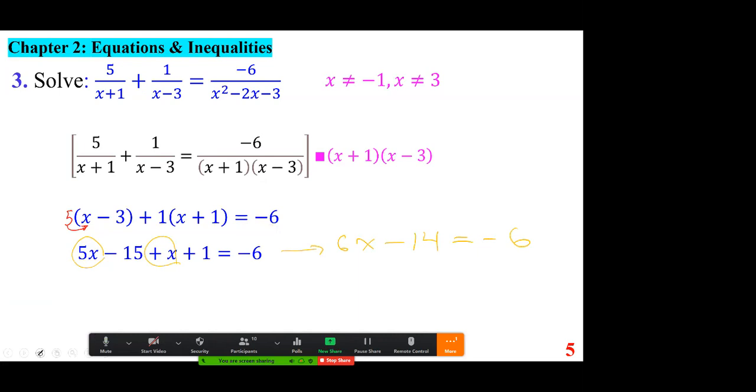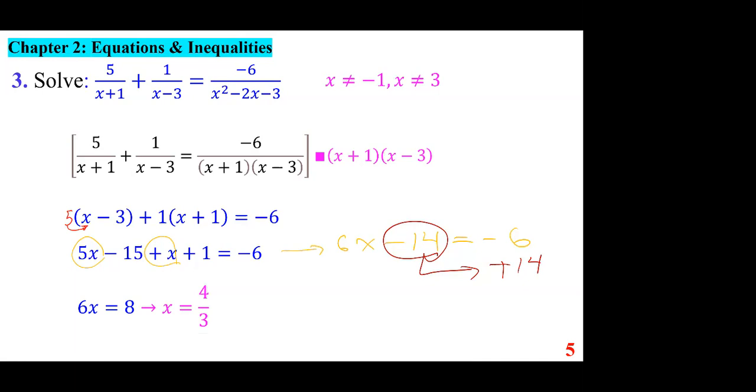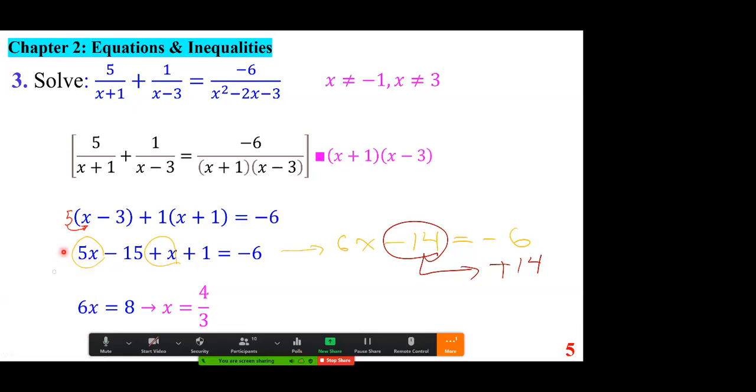And we move the negative 14, we make it positive 14 on the other side, becomes 8. The answer is 8 over 6, which means 4/3. And we check, we are in good shape.